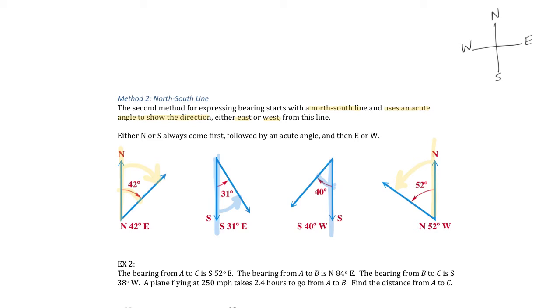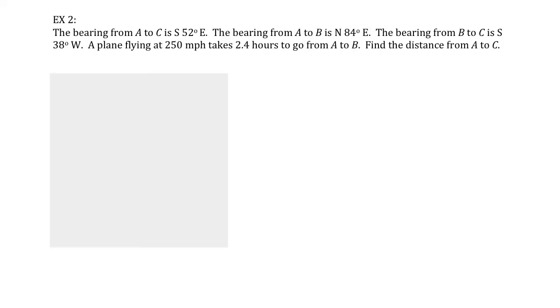Okay, so let me do an example of this. We have the bearing from point A to C is south 52 degrees east. So here's A, and we start from the south and turn 52 degrees toward the east.